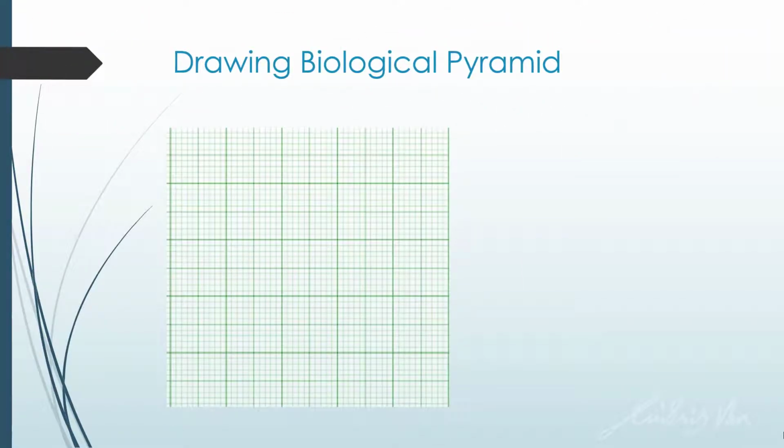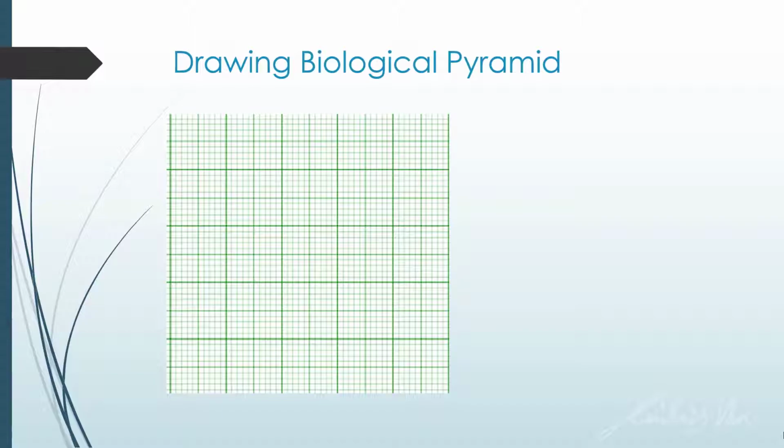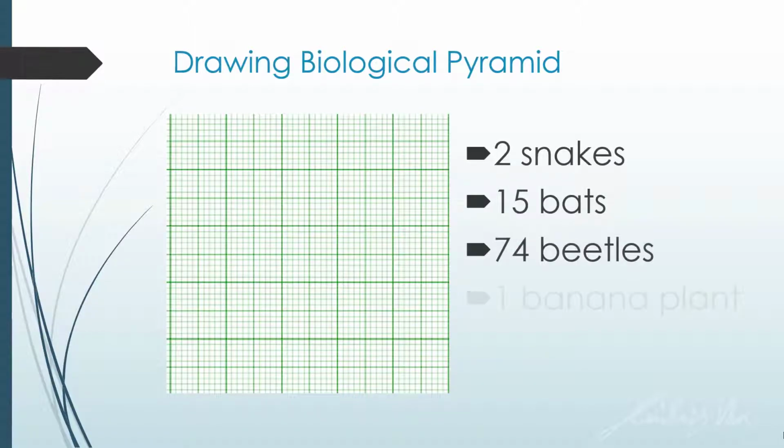Lastly, on how to draw a biological pyramid. Let's take, for example, 2 snakes, 15 bats, 74 beetles, and 1 banana plant. In the rare event whereby they require you to draw on a piece of graph paper, the first thing you should do is to indicate your scale.